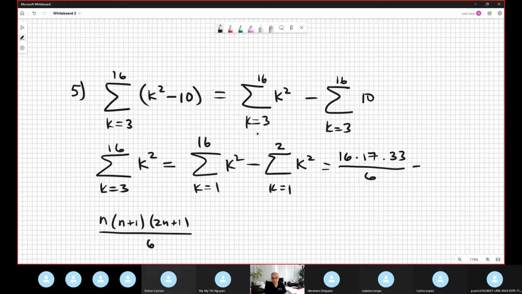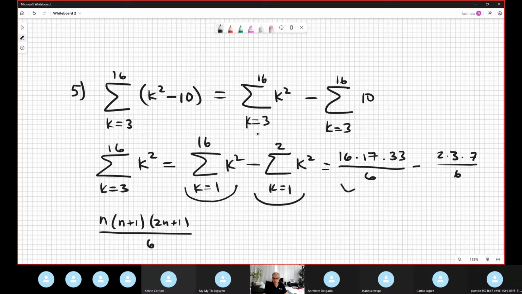This is the answer of the first summation. And the answer for the second summation is super easy. It's 2 multiplied by 3 multiplied by 5, because n equals 2, divided by 6.